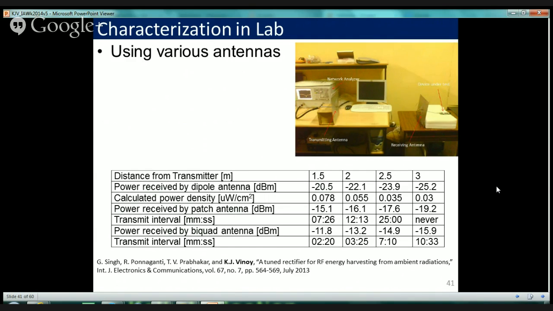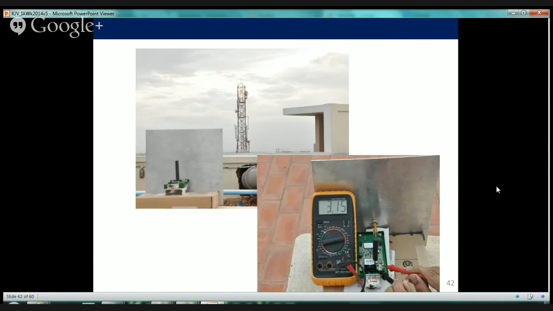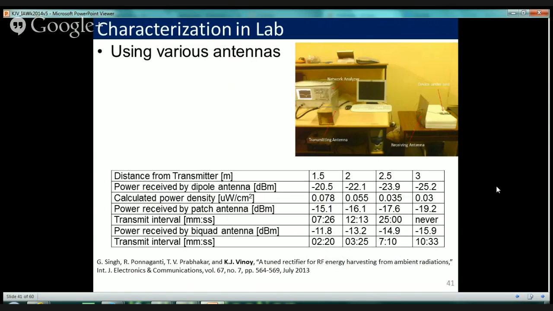We tried some of those different antennas at different distances, and the metric here was how long it takes to accumulate sufficient energy to do the communication. We used the internal temperature reading of the chip as the packet that we transmitted.